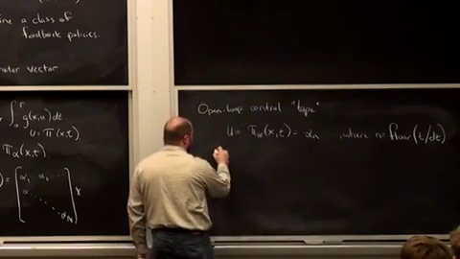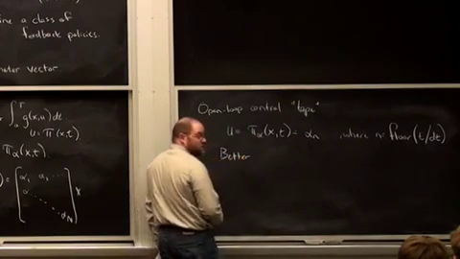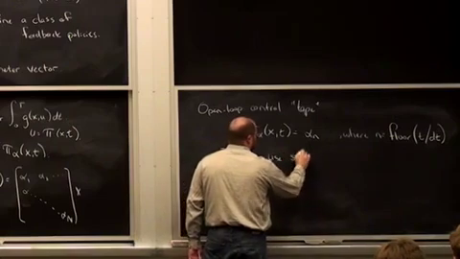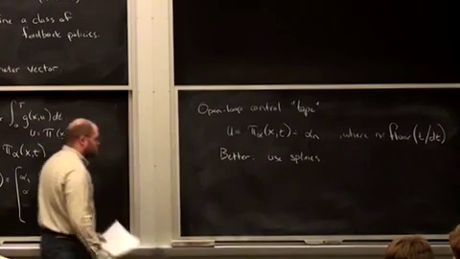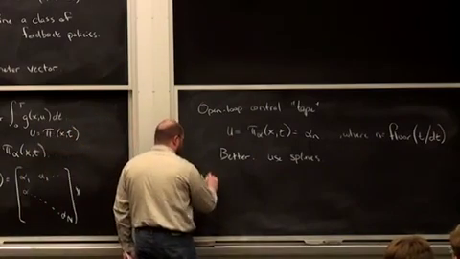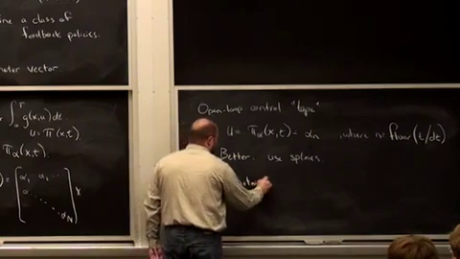Maybe a better one would be something based on splines, or even just a smoother interpolation, maybe that could be better. People use things like neural networks as policy representations.